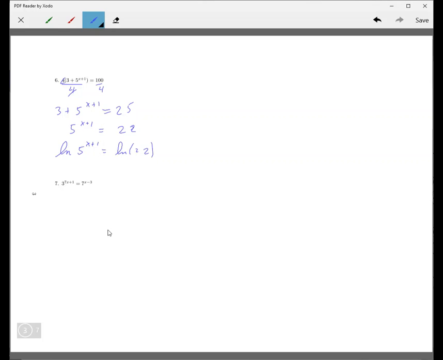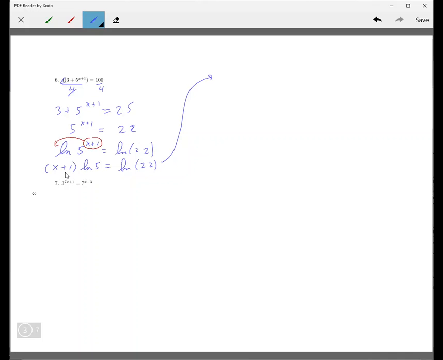Okay, so what happens here, and this is the key right here. This x plus 1 goes down there, out in front. But put parentheses around it, though. So you get that, okay?